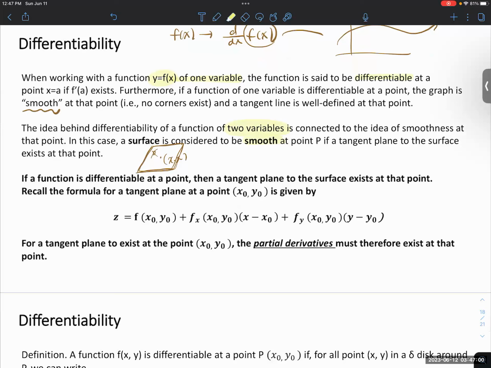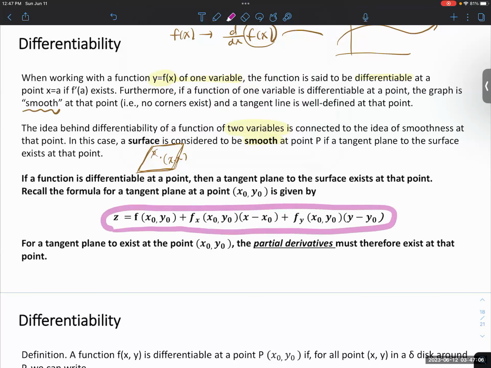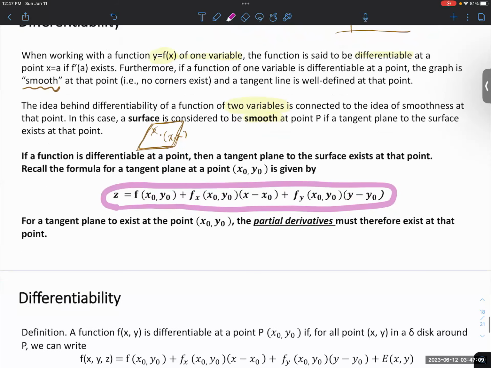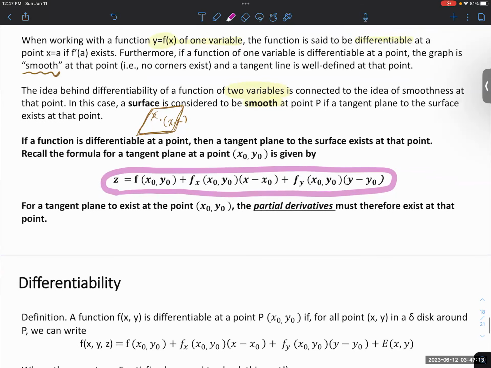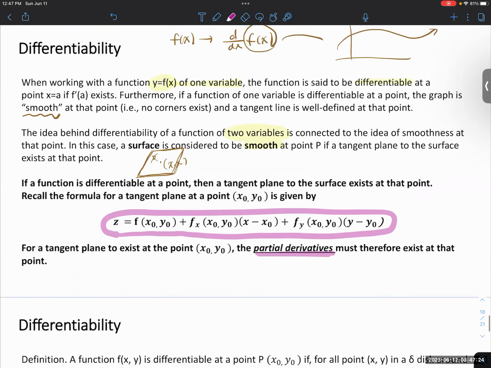We already know the tangent plane equation, correct? This is always differentiable when the given function is smooth and there's no break and no hole, then you can take the partial derivative. It's the same meaning.